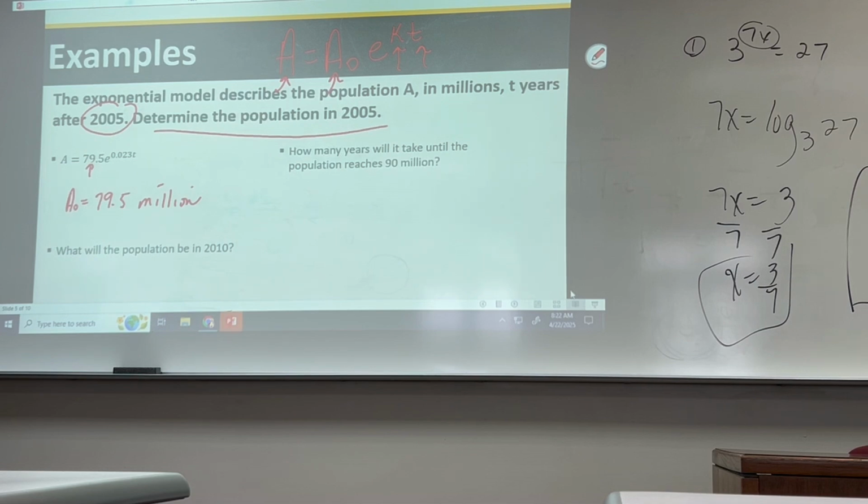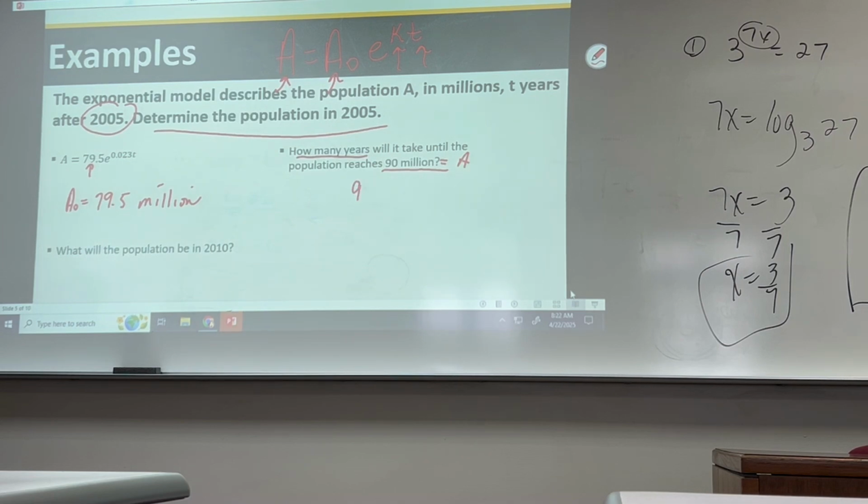The next question says, how many years, so we're looking for time, right? How many years will it take until the population reaches 90 million? So if our starting population is 79.5, when will it get to 90? That would be the A, wouldn't it? So I'm gonna put that in the A position.